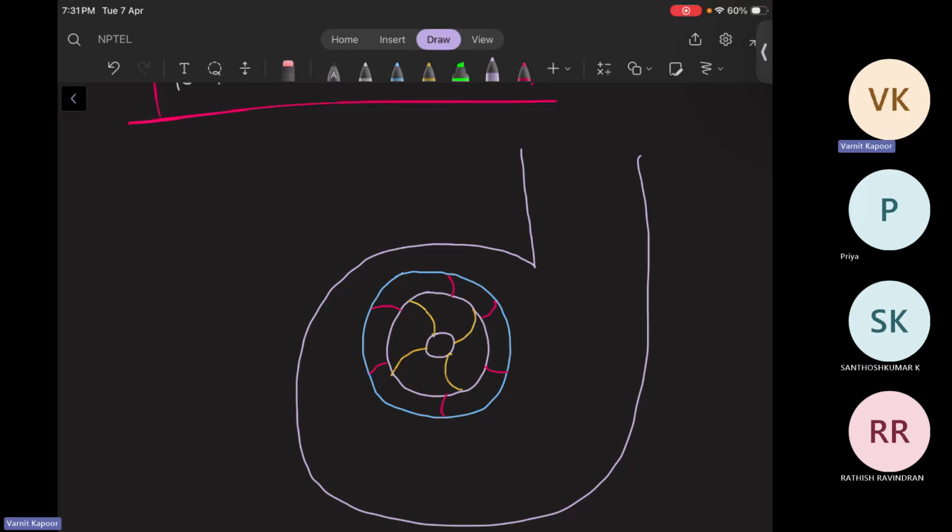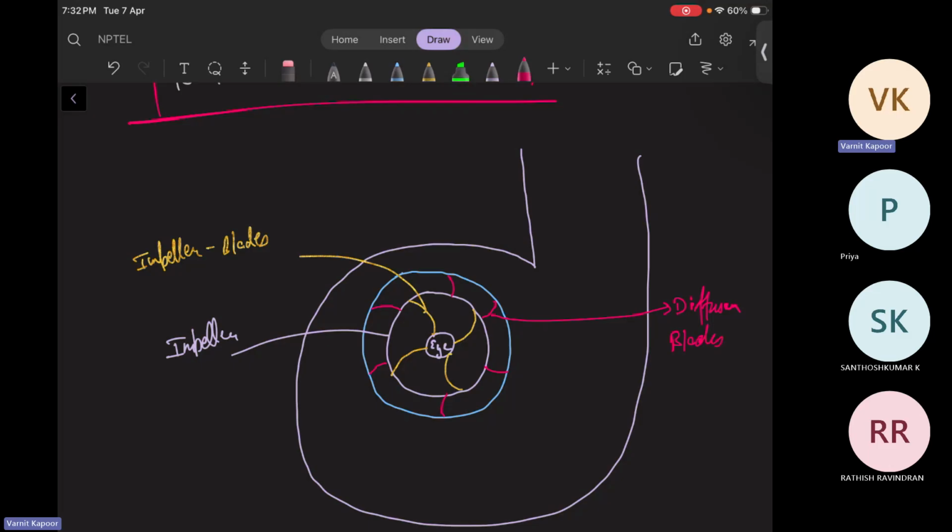So this is nothing but your eye or the rotor. This is your impeller, which is moving. These are your impeller blades. This is your diffuser casing and the blades of the diffuser, the diffuser blades. This whole casing is your diffuser.